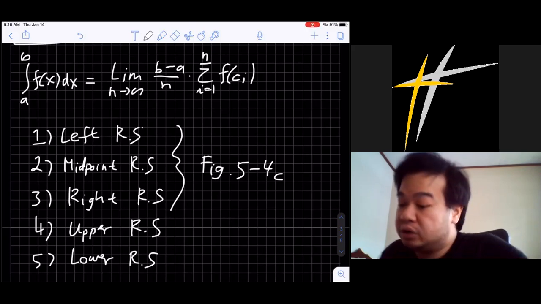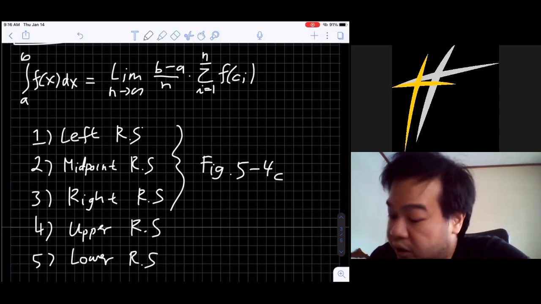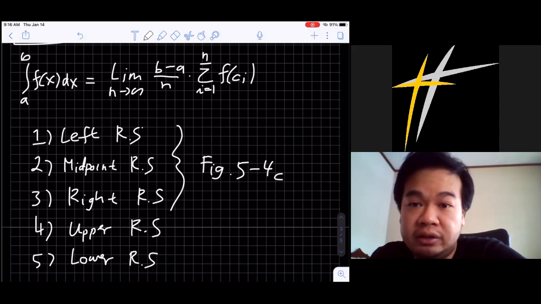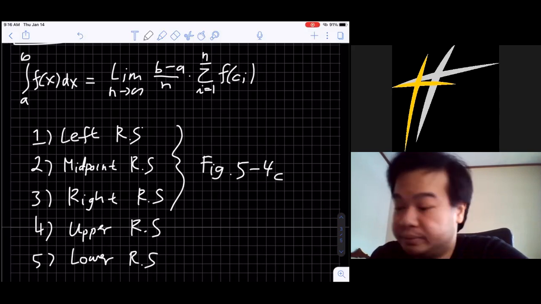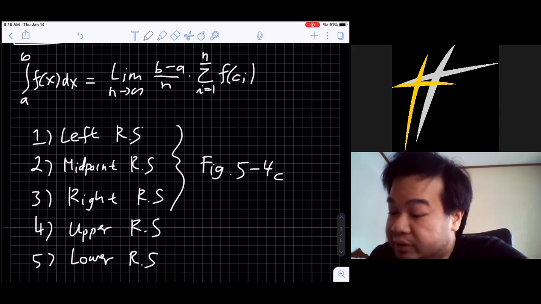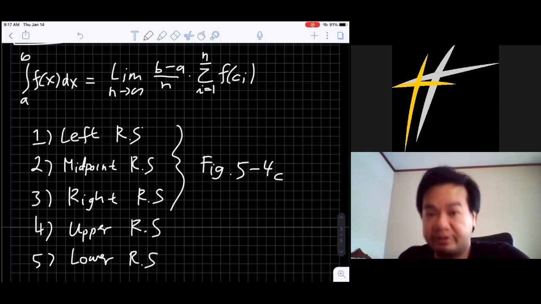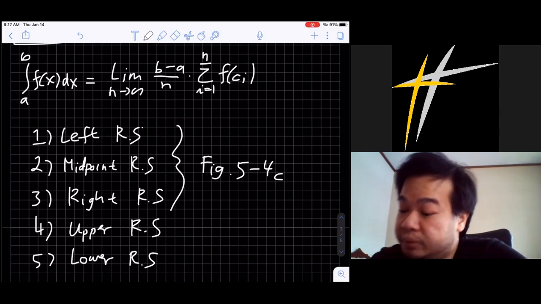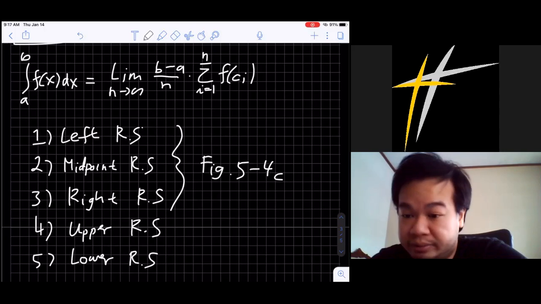That's why you see on the figure that from a to b there are 6 rectangles and they are all having the same base. Now the left Riemann sum means that the sample point is taken from the most left of the rectangle, the left part of each rectangle.